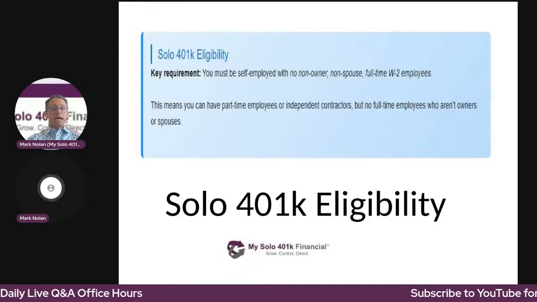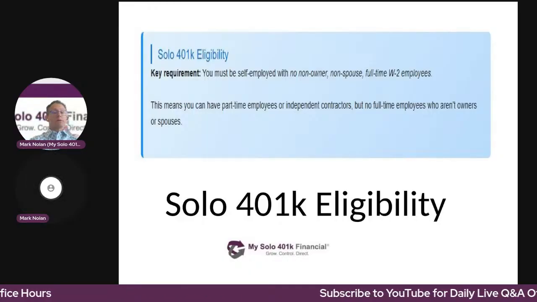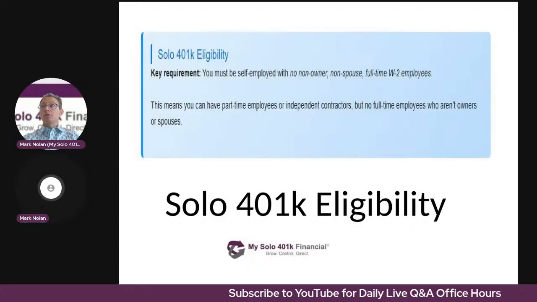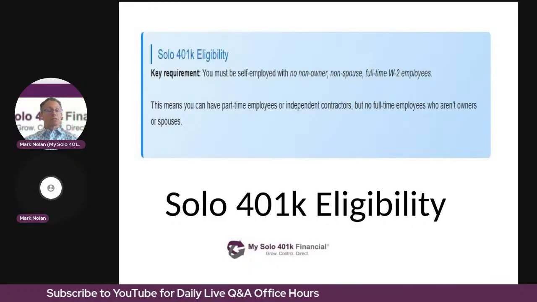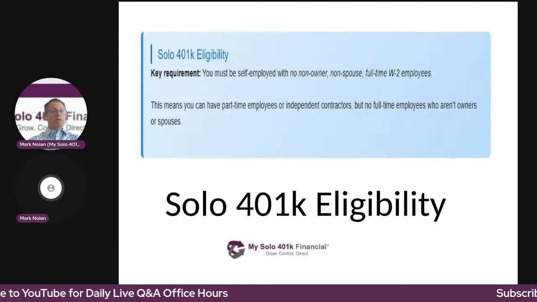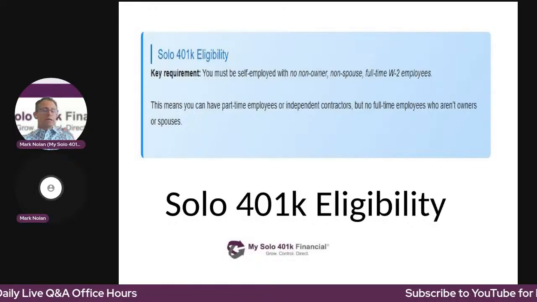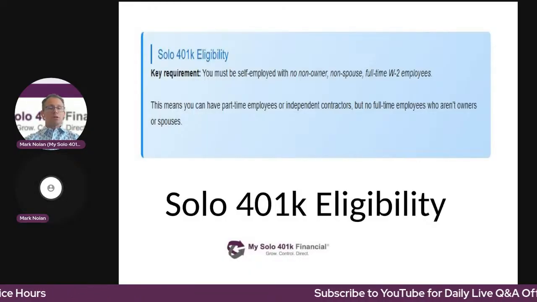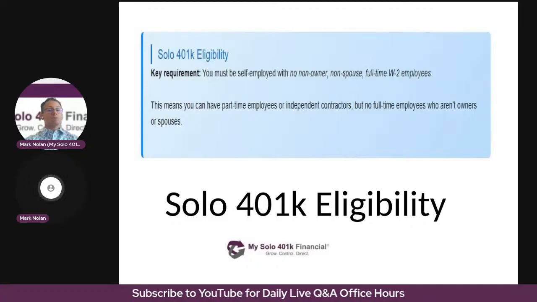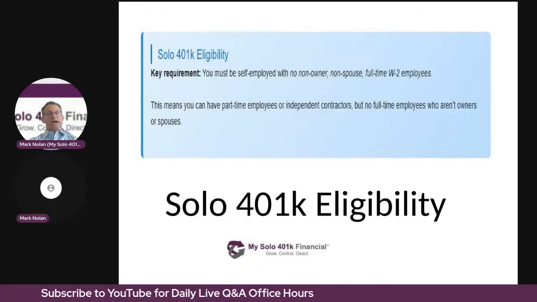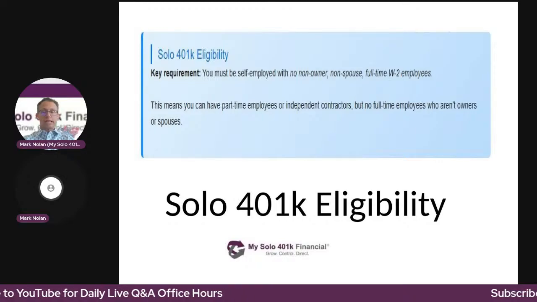You have to apply that rule across all of your businesses. So if you own multiple self-employed businesses, you may not qualify for a solo 401k for the business where you do not employ any full-time W-2 employees. If you do have another business that employs full-time W-2 employees, that would fall under the control group regulations.